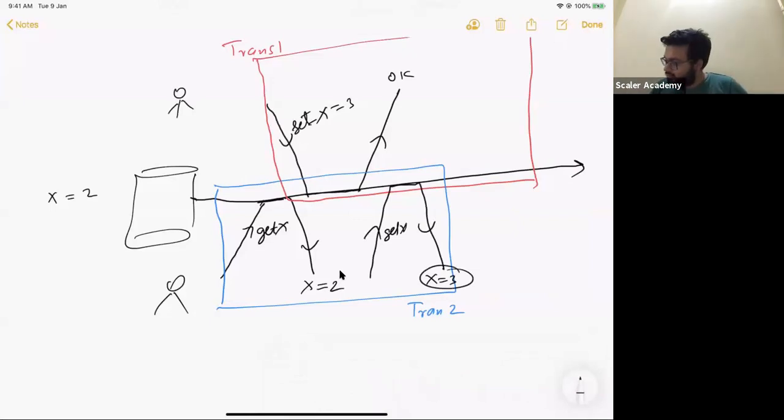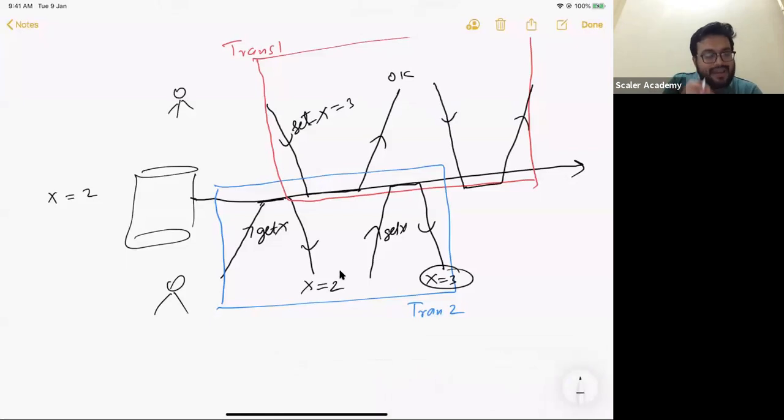And let's say for user 1, transaction 1 was not only of this statement, but there was another statement. So that user wanted to do something else here as well. And then the transaction ended. Folks, does it make sense? Do you guys see a problem here?